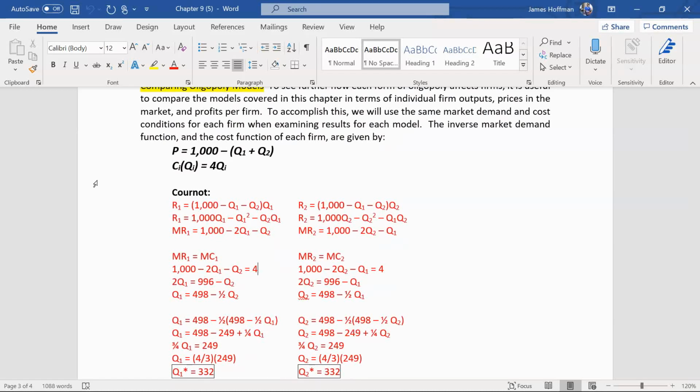And then MC1, okay, so based on this, C1 is 4Q1. So if you differentiate that with respect to Q1, the MC is just 4. So both of the MCs are 4 because the cost function is just 4Q. So MC1 is 4.